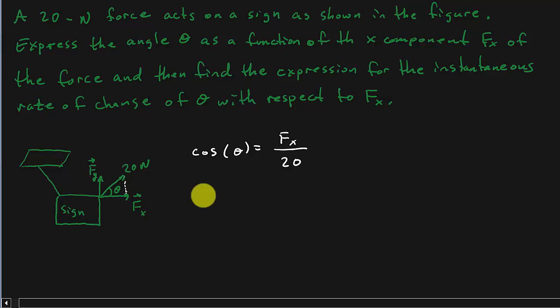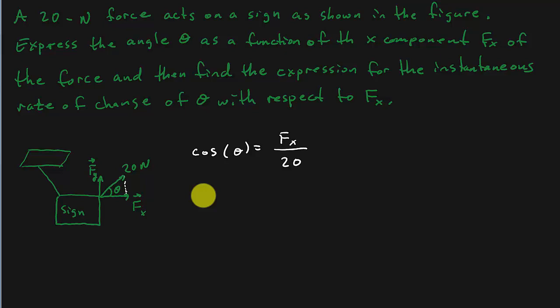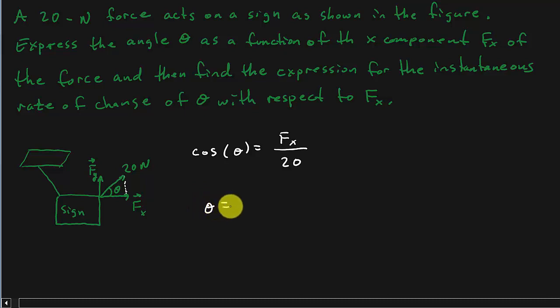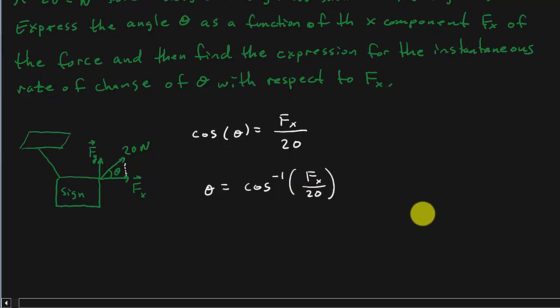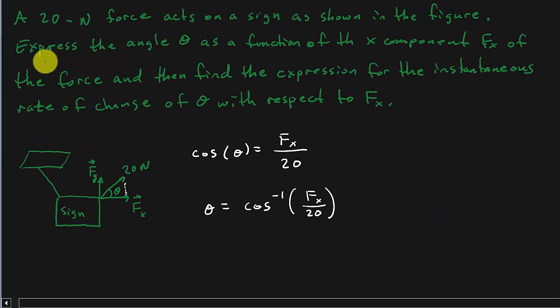So, what does this tell us? This tells us that theta is equal to inverse cosine of f sub x over 20. Okay, because what did they say? They said express the angle theta as a function of the x component f sub x of the force, and then find the expression.